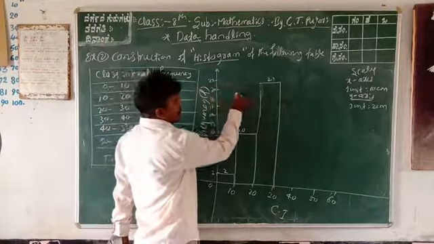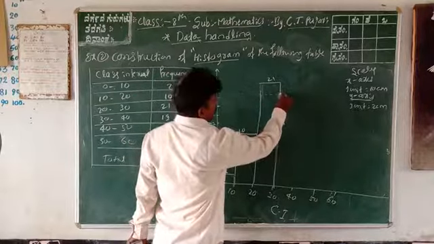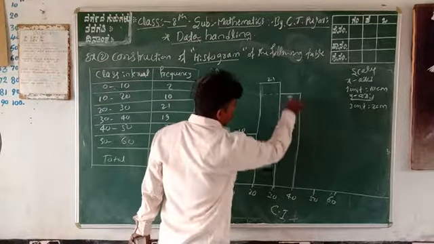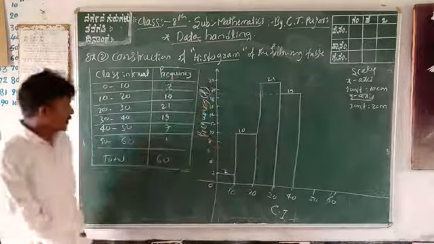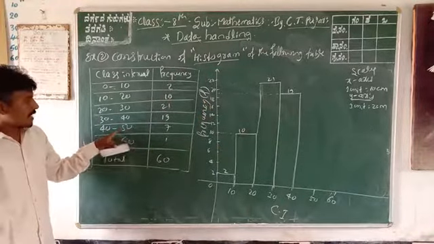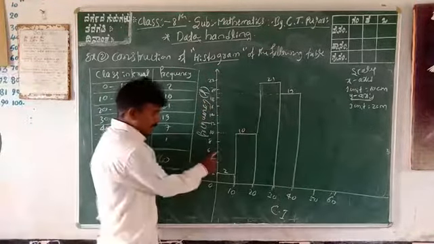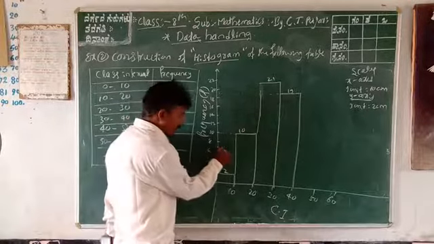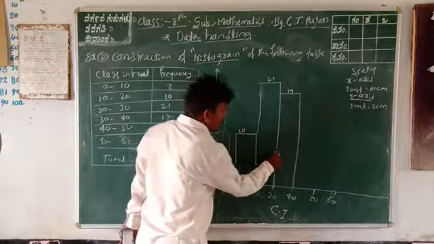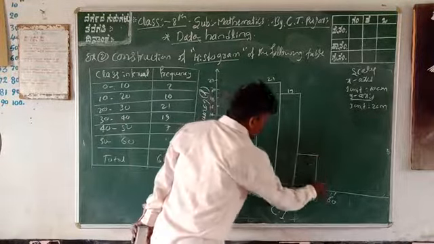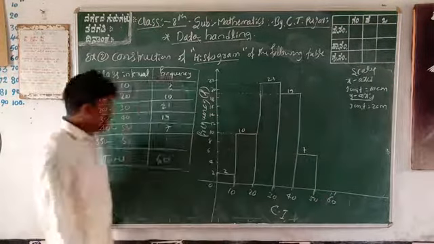What about next? 40 to 50. 7 is there, in between 6 and 8. This is 7.